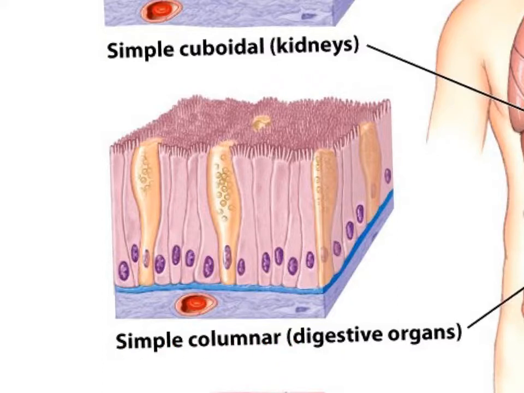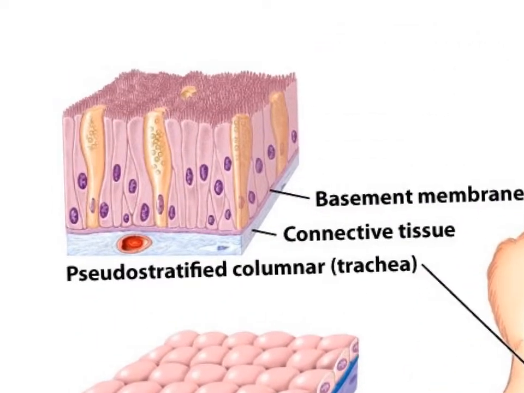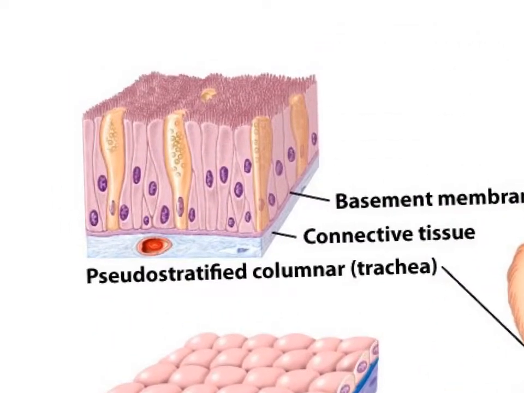In the body, pseudostratified columnar have something on them that looks often like a brush border, but it's actually cilia. And if you'll recall, cilia are these little hairs, but they can move. They aren't there to increase the surface area. They're actually there to push things past the cell.